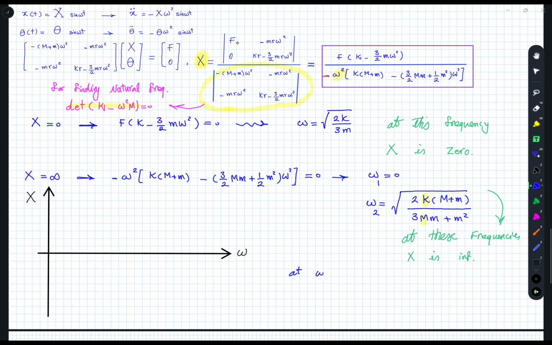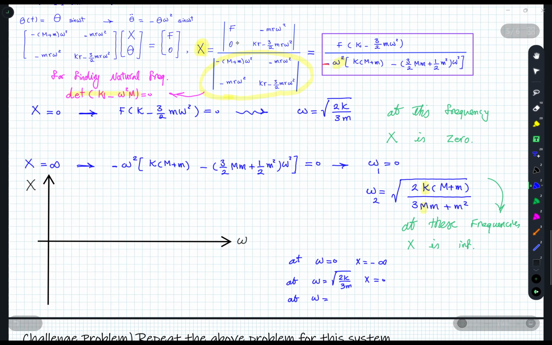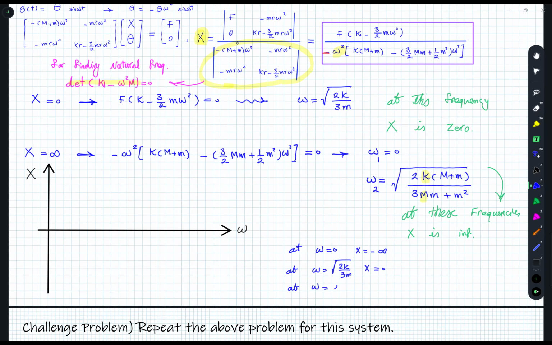At omega equal to 0, X is, let's just write down, minus infinity. At omega equal to 2k over 3m, X is 0. And again, at that omega 2 that we found, X again is infinity, right?